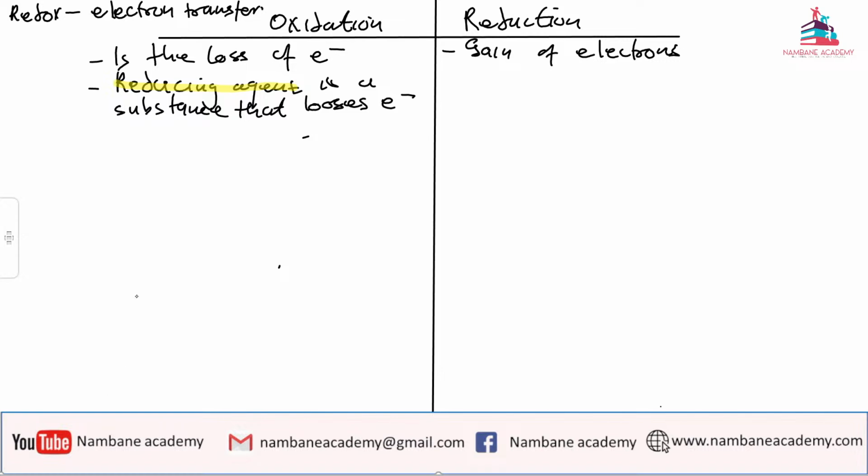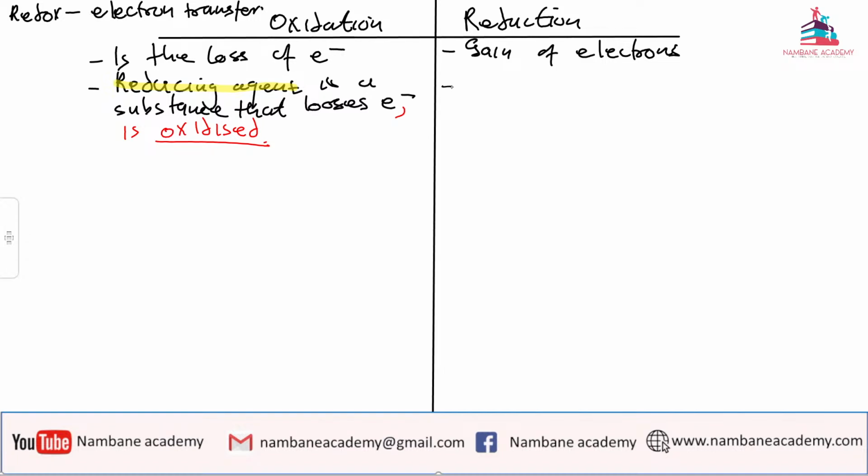And this reducing agent, ladies and gentlemen, is further said to be oxidized. A reducing agent is oxidized. So these are critical words or statements that one must understand, because they influence how we are going to answer the questions in the exam, as well as the information that will be given to us.